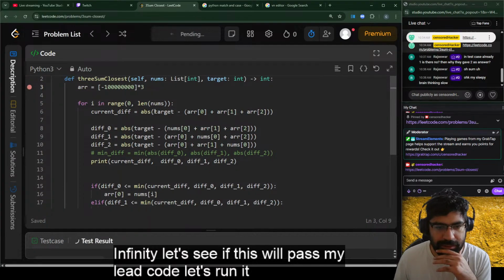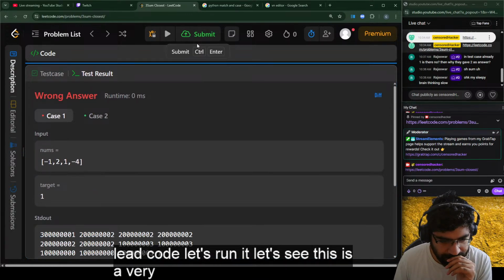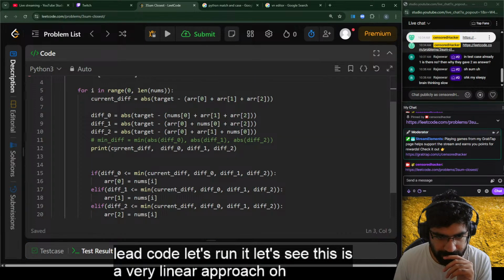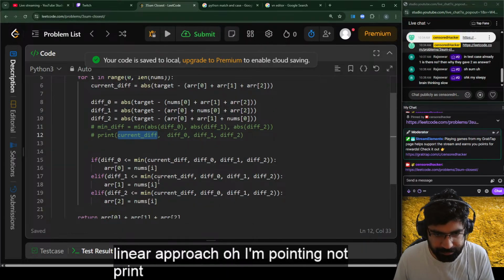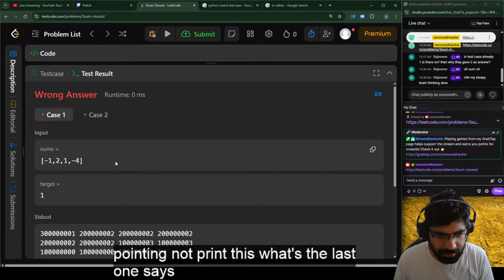Let's run it. Let's see. This is a very linear approach. Oh, I'm going to not print this. What's the last one? Says 1.